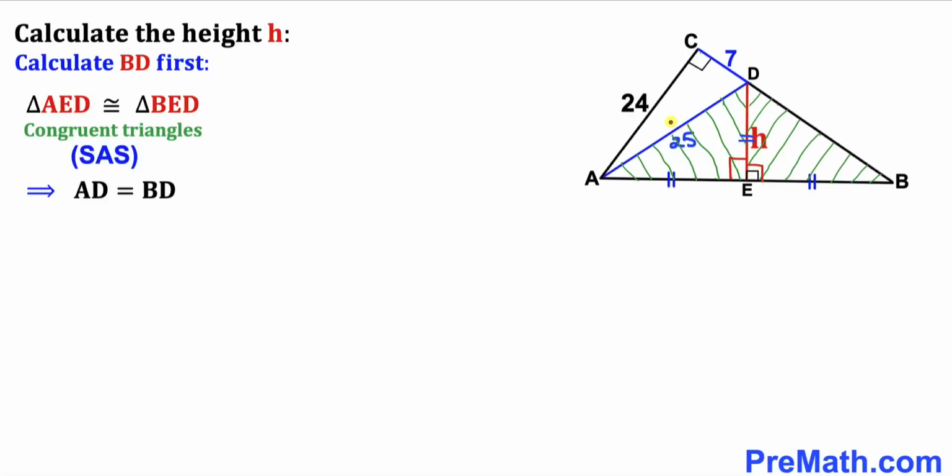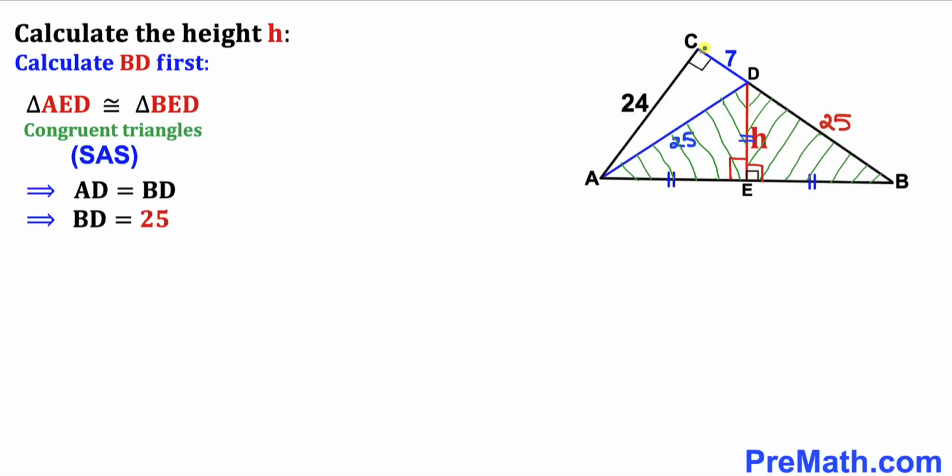So therefore this side length AD and this side length BD are equal in length. So if this side length is 25 units, this side length BD is going to be 25 units as well.